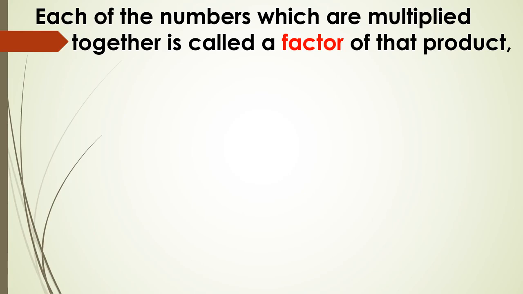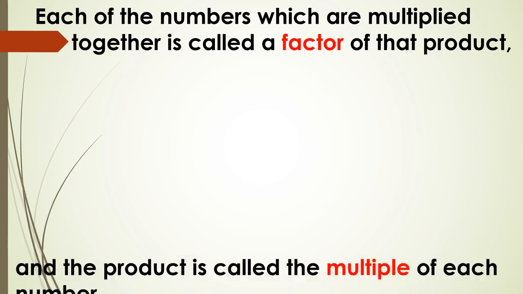Listen again carefully. Each of the numbers which are multiplied together is called a factor of that product. Numbers which we are multiplying together are known as factors of the product.